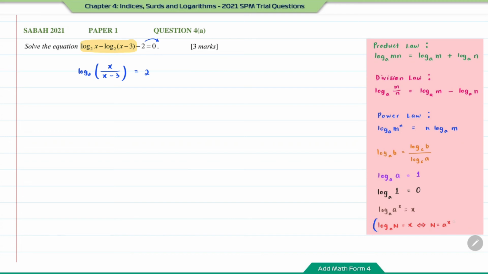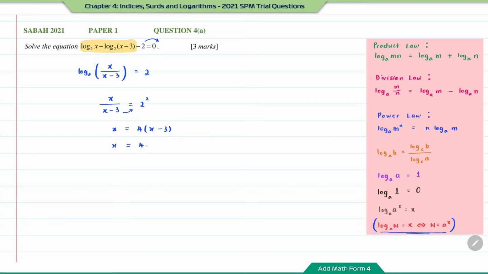So next, this logarithm form, we can change it to the index form using the rule here. So here it will become x over (x minus 3) is equal to 2 squared. So later on, move this (x minus 3) to the other side. So x is equal to 2 squared, 4, times (x minus 3).